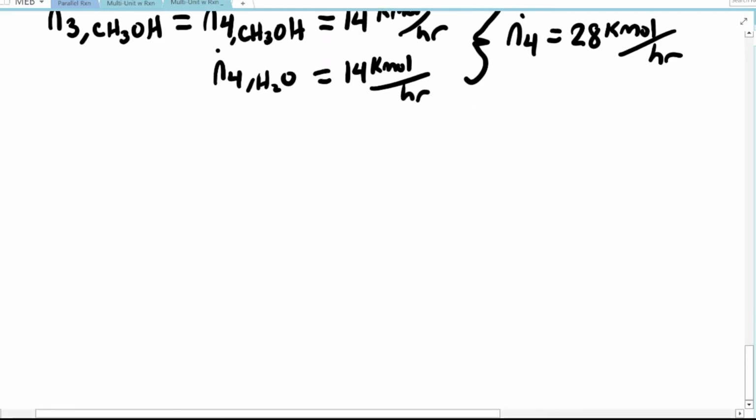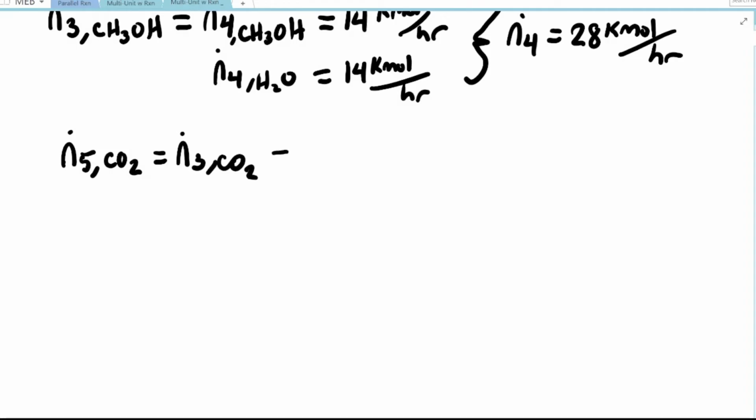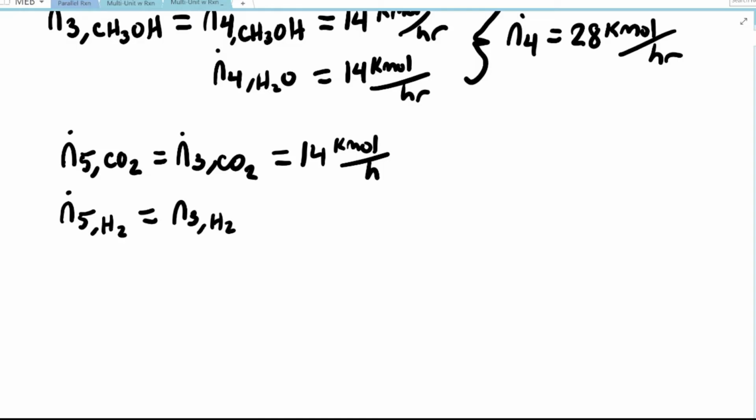And now for stream 5, we've got CO2 equaling N3 CO2, which is 14 kilomoles per hour. And then N5 H2, same deal, equals N3 H2, which equals 28 kilomoles per hour.